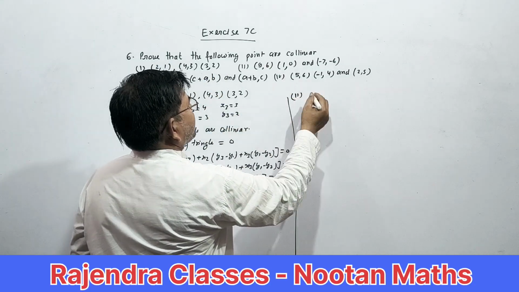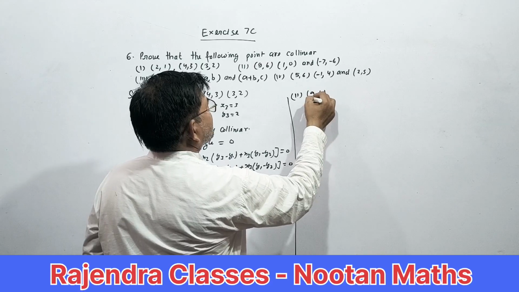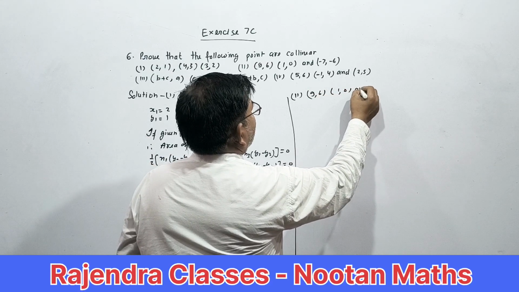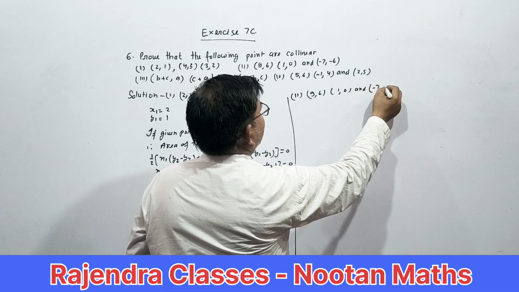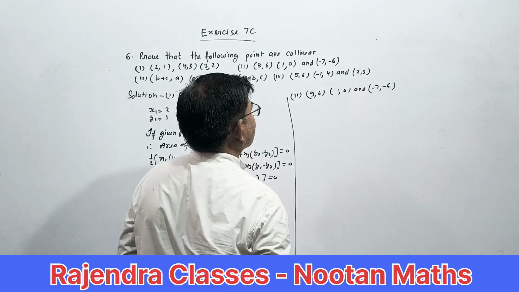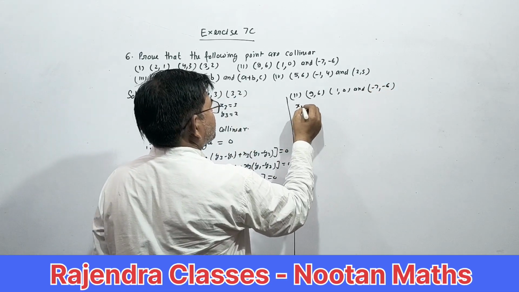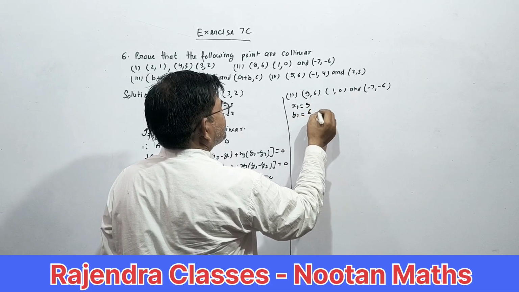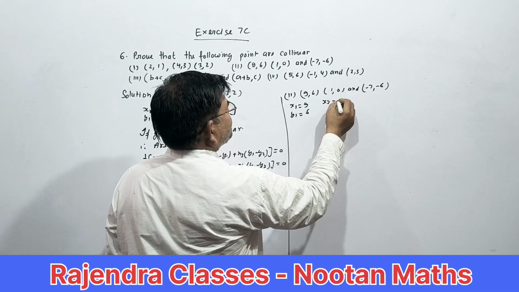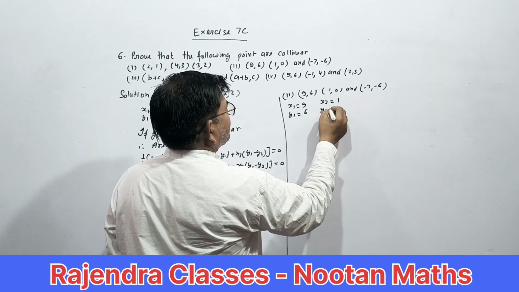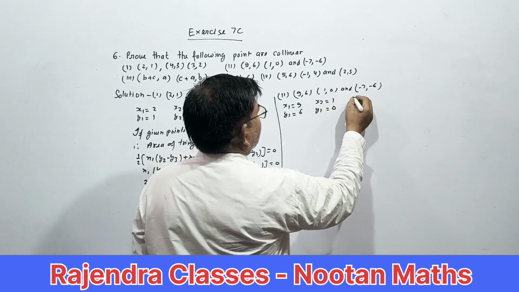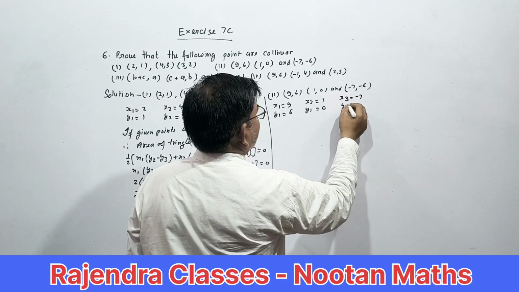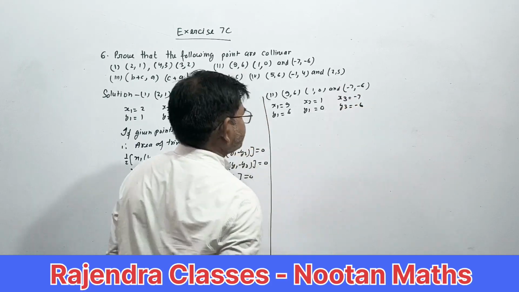Second question 9, 6 and 1, 0 and minus 7, minus 6. So x1 is equal to 9, y1 is equal to 6, x2 is equal to 1, y2 is equal to 0, x3 is equal to minus 7, y3 is equal to minus 6.